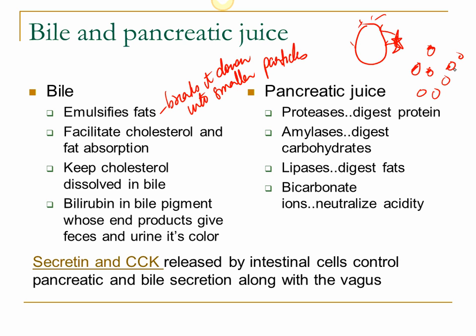So now lipase has a larger surface area on which to act, and so it can act on all these particles and digest fat really well. So that's the purpose of bile, to emulsify or break it down into smaller particles so that it can be acted upon by lipase. It also facilitates cholesterol and fat absorption.